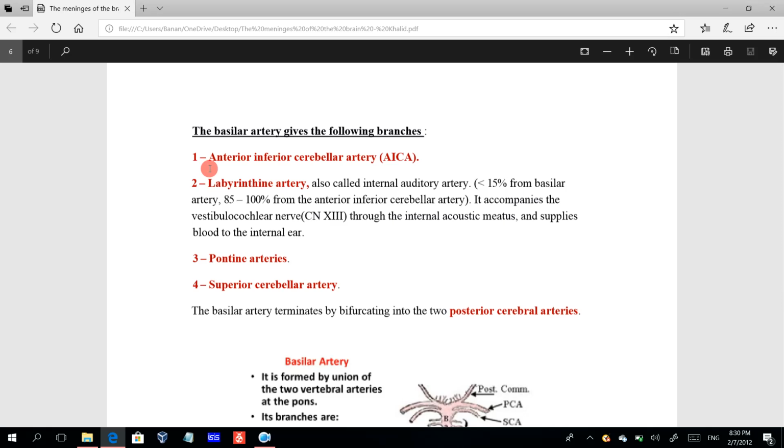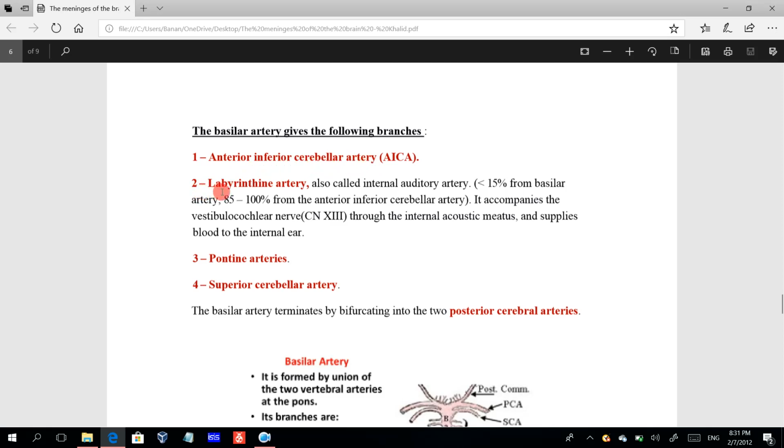Okay? So both of them are inferior cerebellar arteries, one anterior and the other posterior. Of course, these arteries supply the cerebellum. So the first branch is the anterior inferior cerebellar artery.